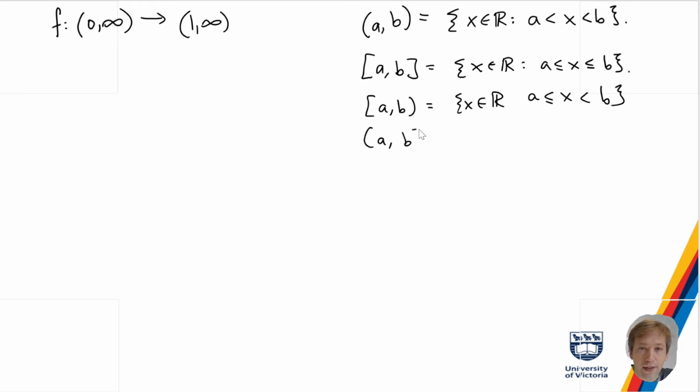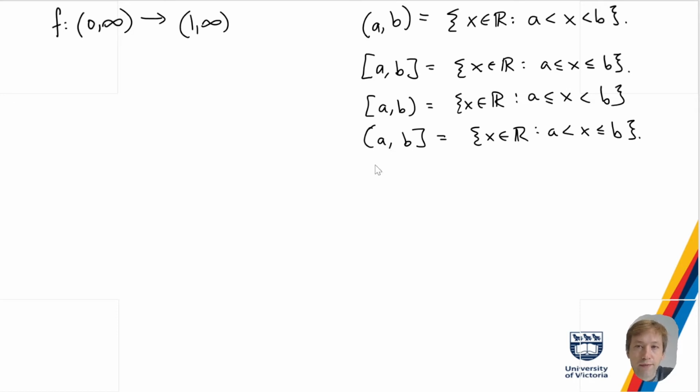So if I take this, it means x is greater than a and less than or equal to b. Basically, when I draw these intervals, it means all the numbers between a and b, where if there's a square bracket on one side, it allows you to be equal to that number. And if there's a round bracket, then you have to be strictly greater or strictly less than that number.